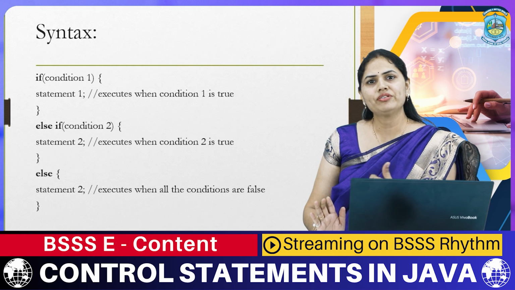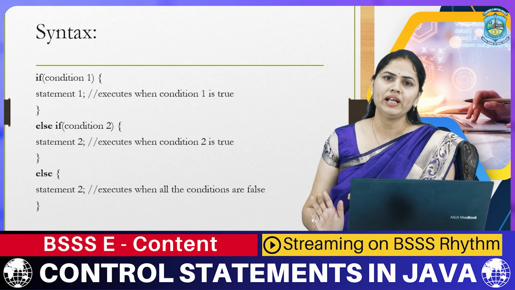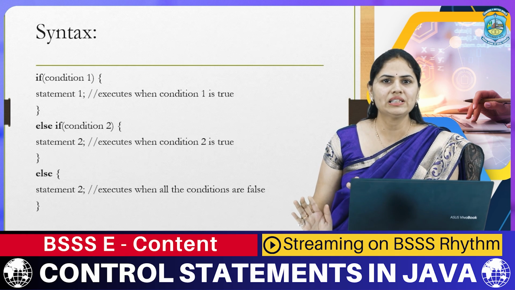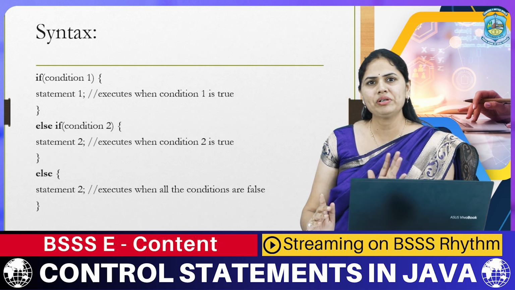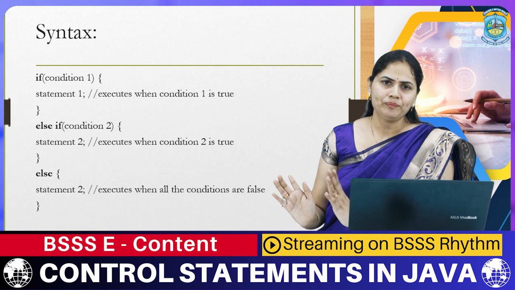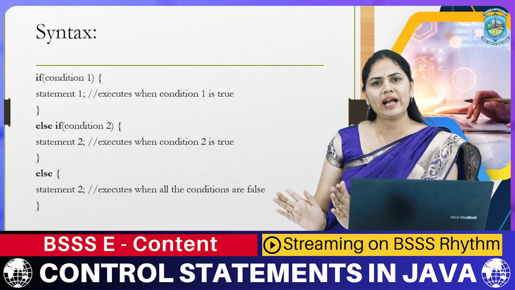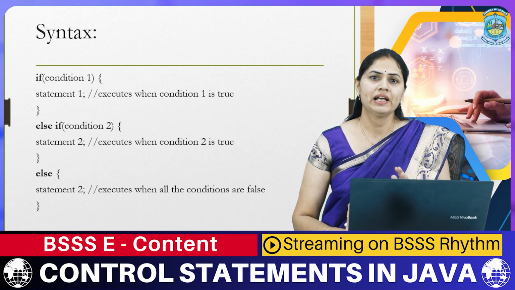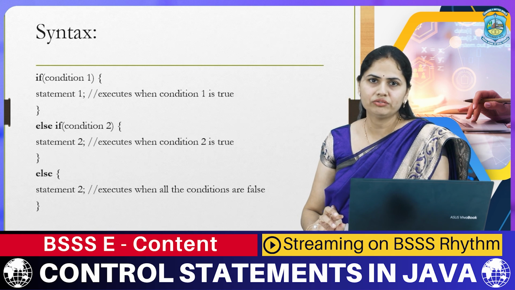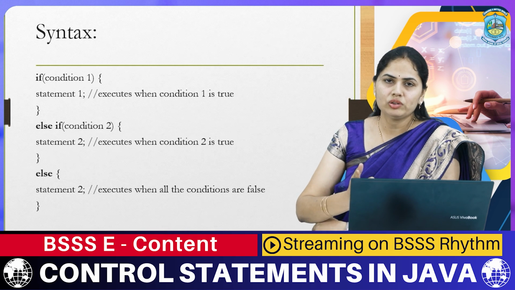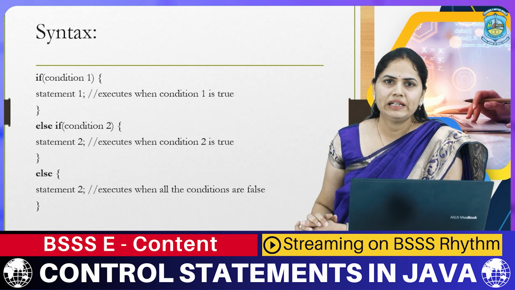In the same way, if the marks is greater than 50 and less than 60, then we are saying that it is again second division with good grade. Then marks greater than 60 and less than 70, then first division. In that way, to find out the grade of the student, we can simply use this if else if ladder statement.